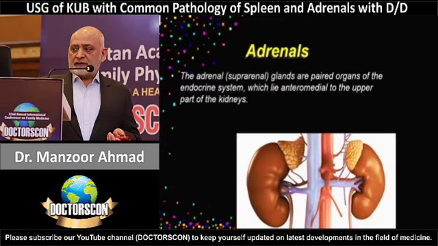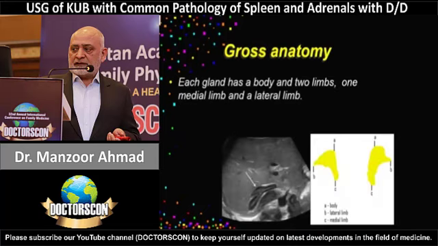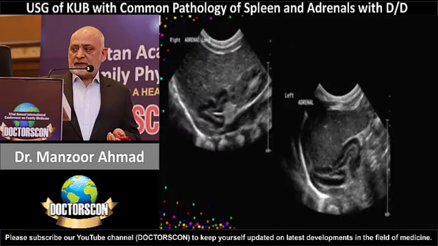And the last is the adrenals, the suprarenal glands. They are paired organs lying anteromedial to the upper part of the kidney, and they are difficult to visualize at ultrasound, but with proper technique we can see them on both sides, and each gland has a body and two limbs, the lateral and the medial limbs, and as you can see here in the neonates, it is easily visible.